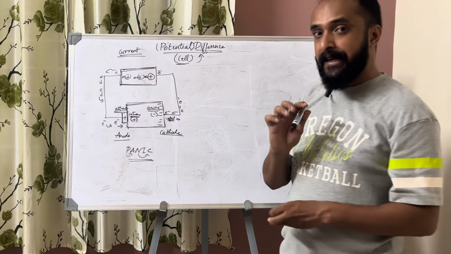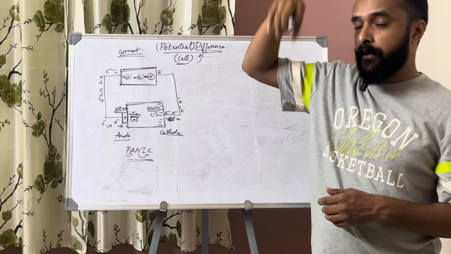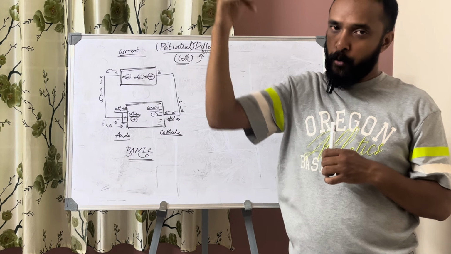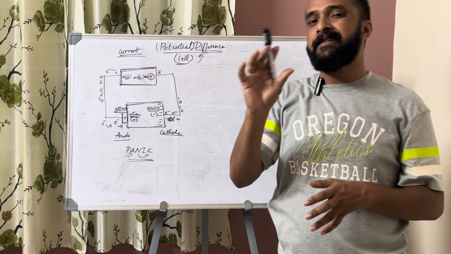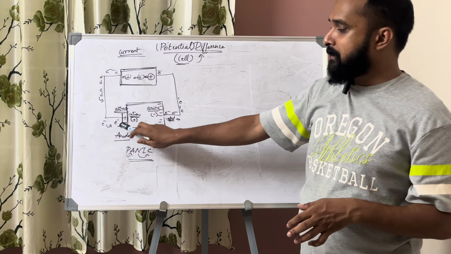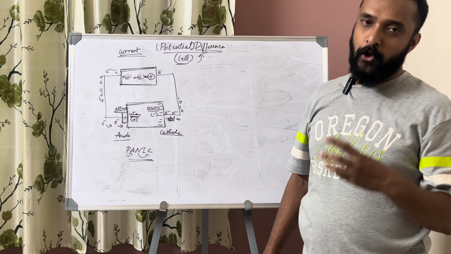So technically speaking, compare with water, and compare with heat, it always goes from high potential to low potential. Am I right? So technically speaking, this should have been your high potential and this should have been your low potential, but that is wrong.